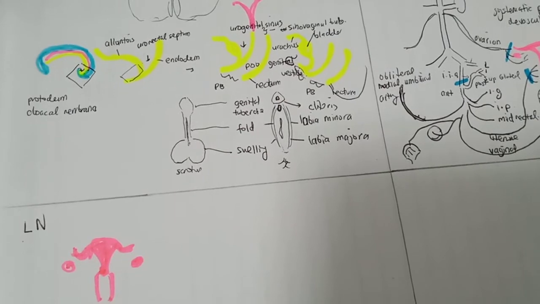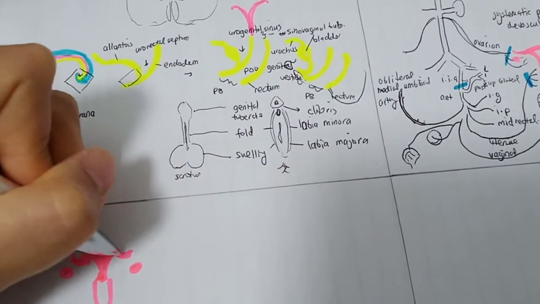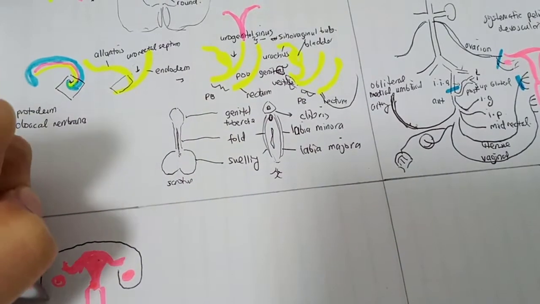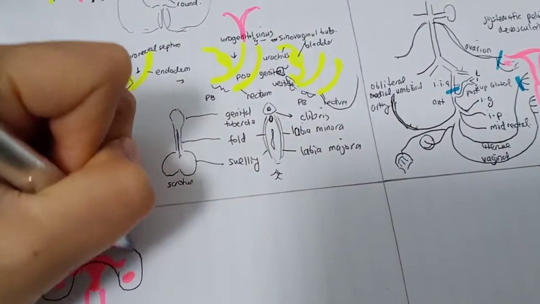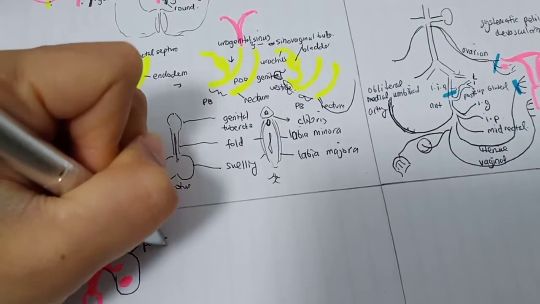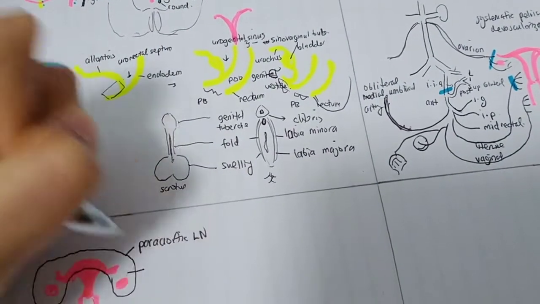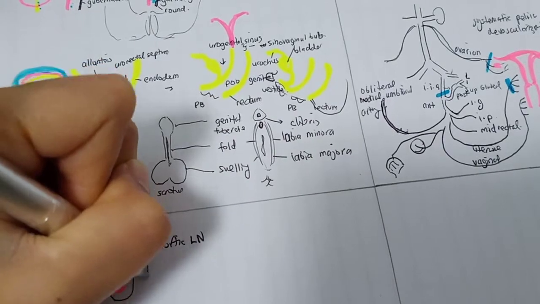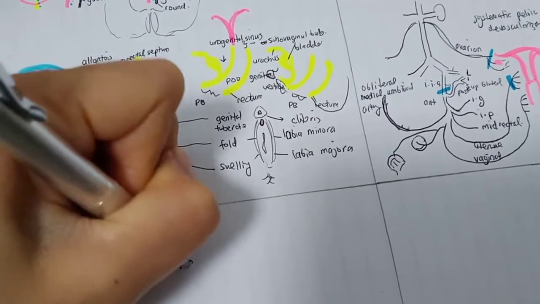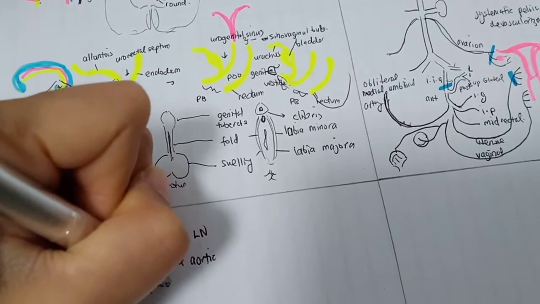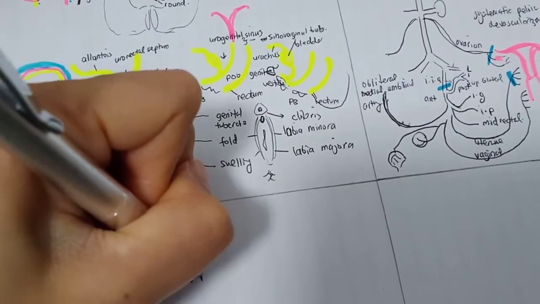As for the lymph nodes, the fundal, the fallopian, and the ovarian will drain out to the para-aortic lymph nodes. The ovarian specifically will go to the lateral aortic or pre-aortic lymph nodes.